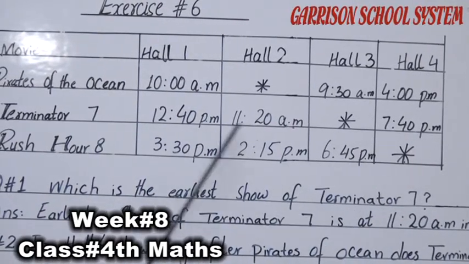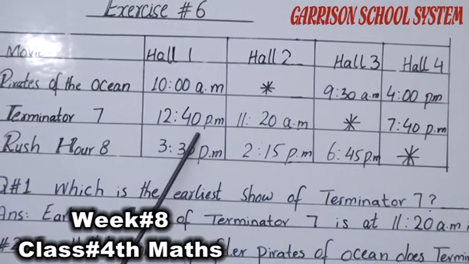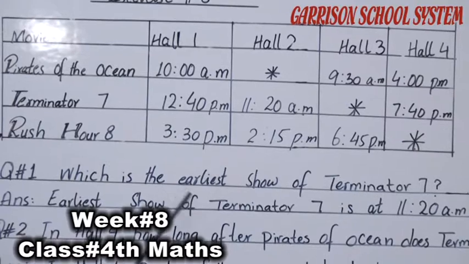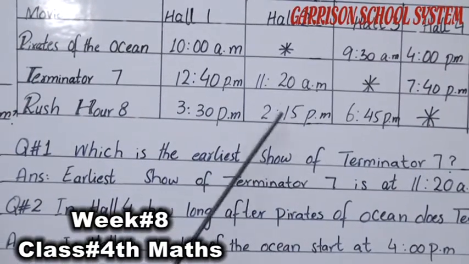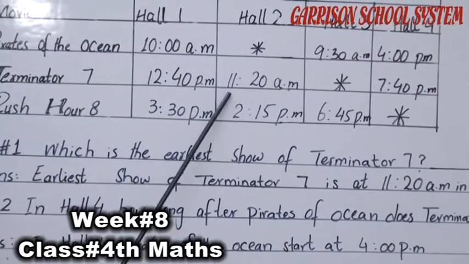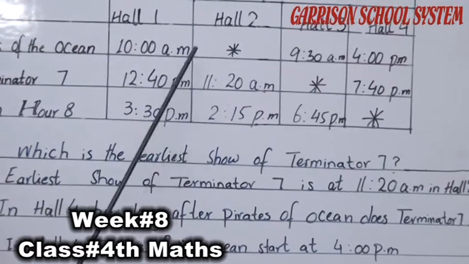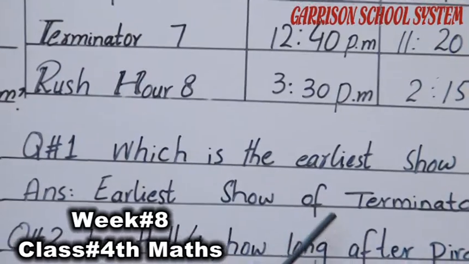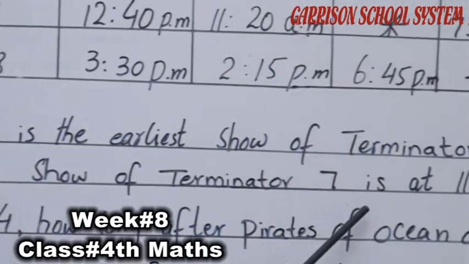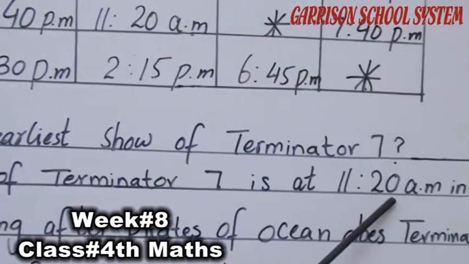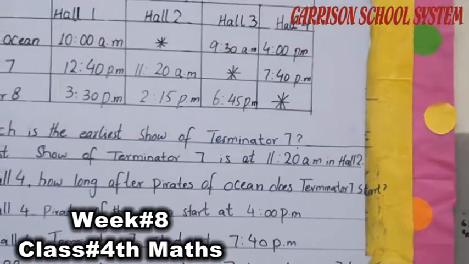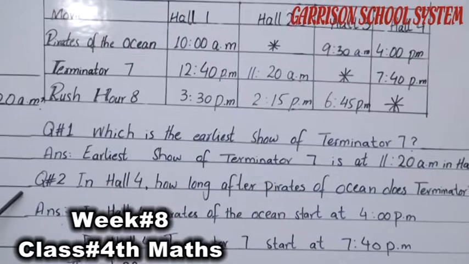So these are in pm and this is 11:20 am. So the earliest show of Terminator 7 is at 11:20 am in hall 2. Clear, students? Here is question number 2.